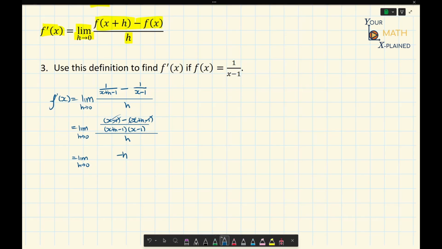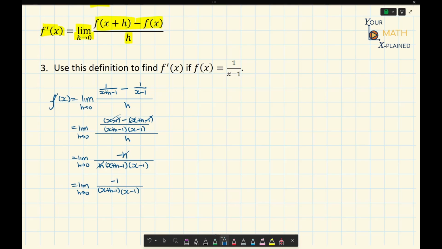So then we get negative h over h times (x plus h minus 1) times (x minus 1). And now this is going to allow us to cancel the h on the top and on the bottom. So we're left with the limit as h approaches 0 of negative 1 over (x plus h minus 1) times (x minus 1).